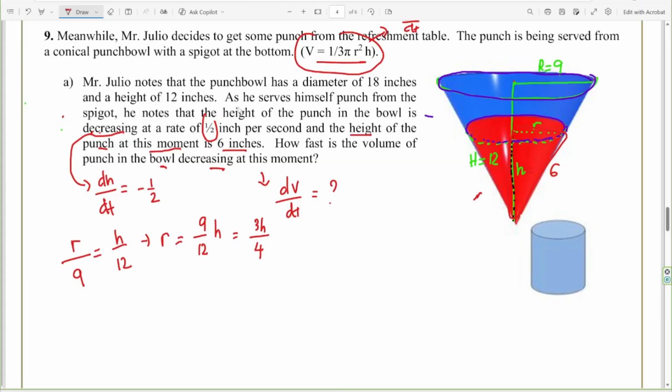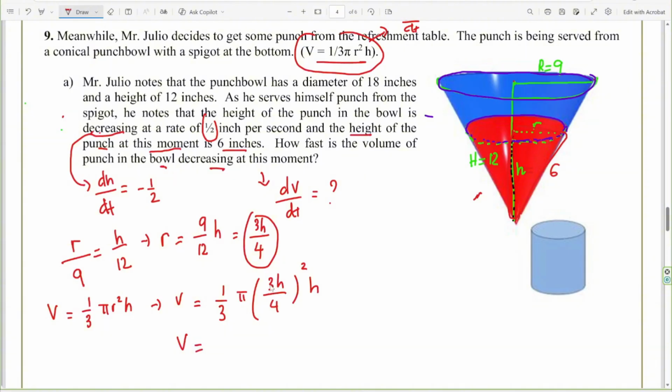The volume formula is V equals 1/3 pi r squared times h, but r equals 3h over 4. So V equals 1/3 pi times (3h over 4) squared times h. Then 3 squared is 9, divided by 3 is 3.